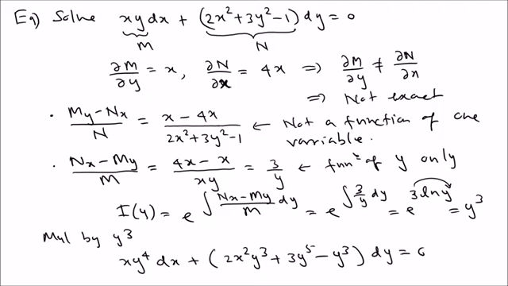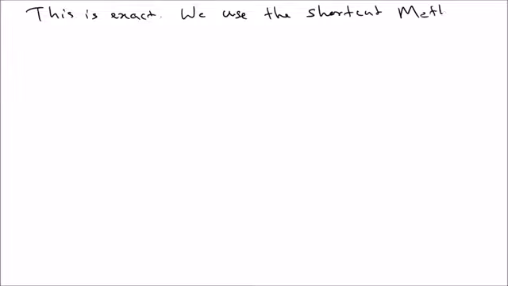Once you do that, it's going to be exact, because that's how we picked the factor. So now this time we can use a shortcut to get the answer. So this is exact, and we use the shortcut method.